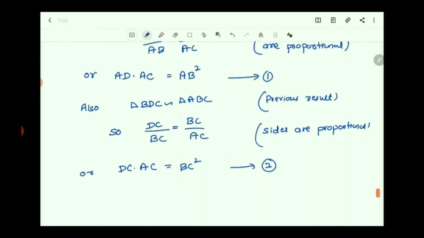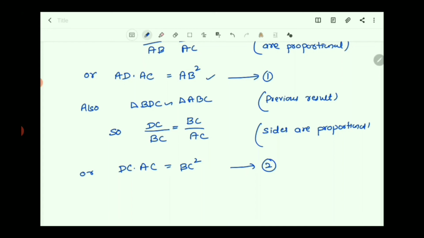Now add first and second. First is AD into AC is equal to AB square. Second is DC into AC is equal to BC square.